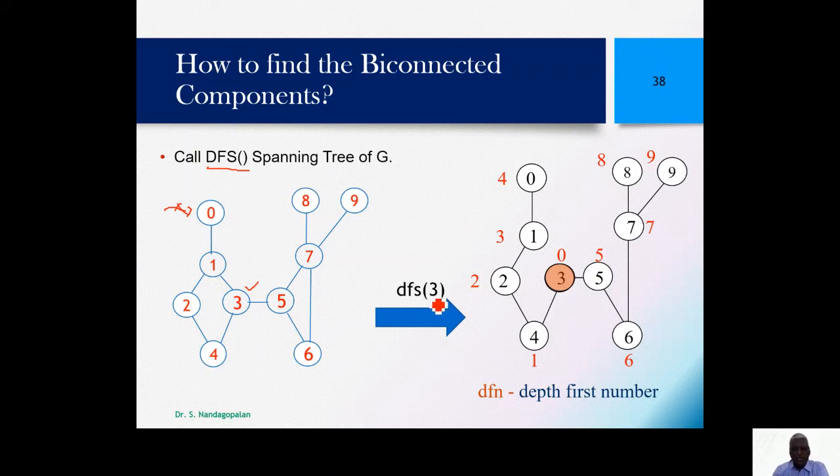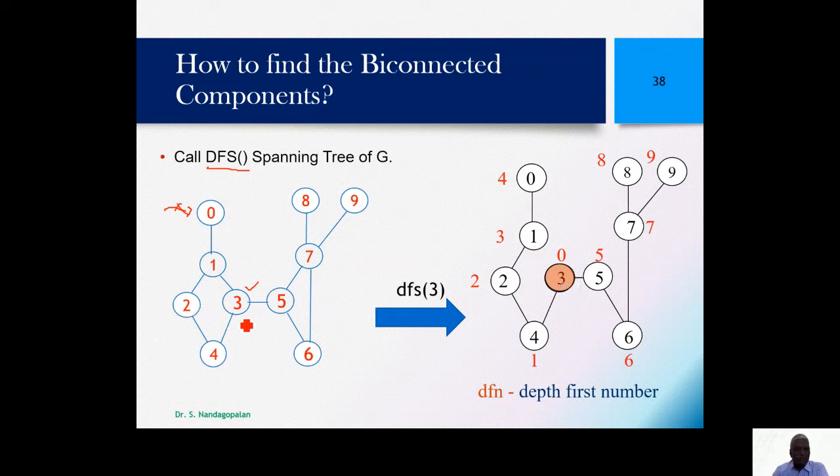So DFS from 3. You can see here the starting vertex is 3, and the numbers in red show the depth first number, DFN, the order in which the depth first search is carried out. We start with 0, that is the third vertex first.